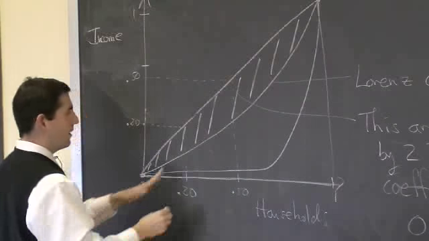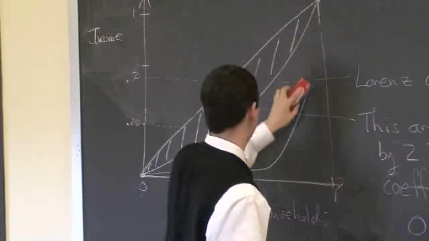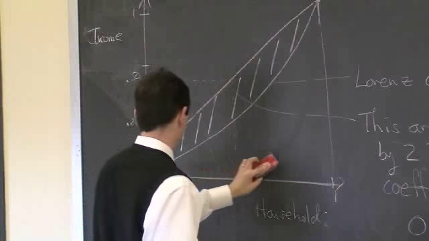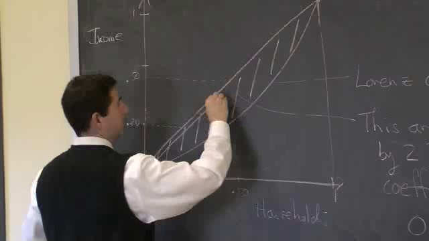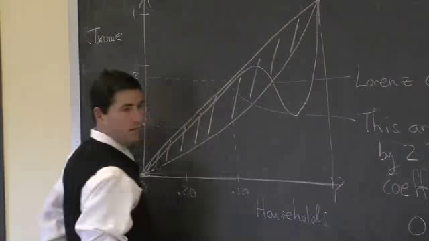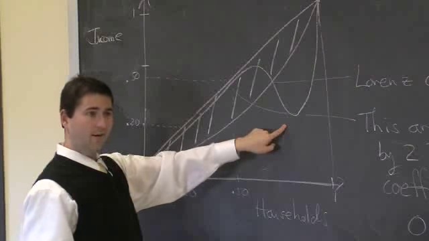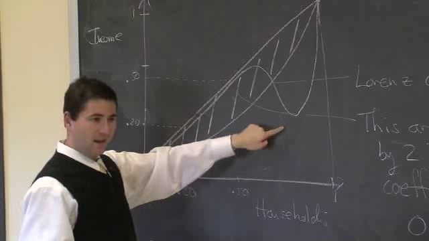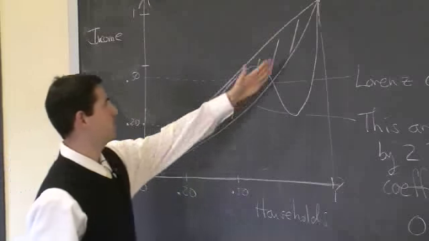But I could adjust one of these to have a more comparable area. For instance, I could shoot up here, very close to equality here, and then go. If it looked like that, what's going on around here? This definitely has to change the way public policy works, as opposed to this one.